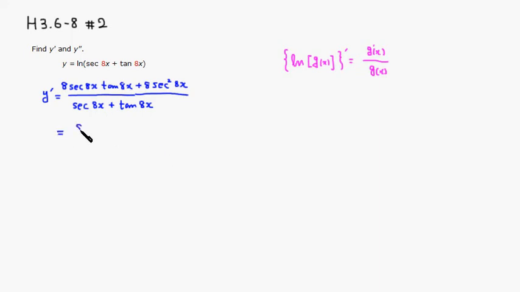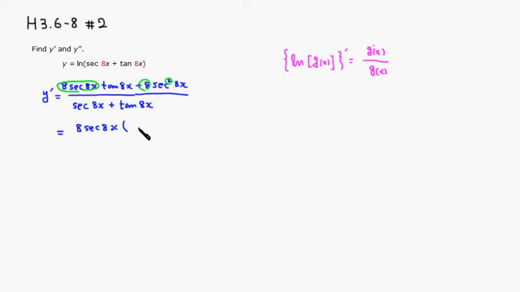All right, so you have 8 secant of 8x in common. Then what's left is, let's see, we took care of 8 secant of 8x and 8 secant of 8x. Also, I'll just circle the 2 there.